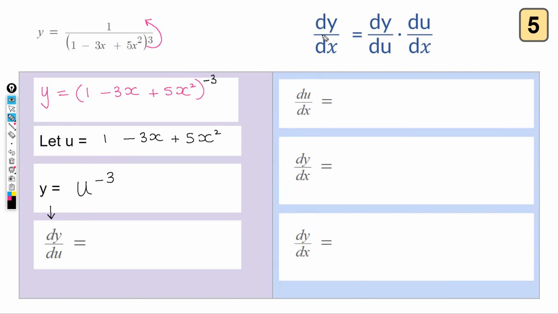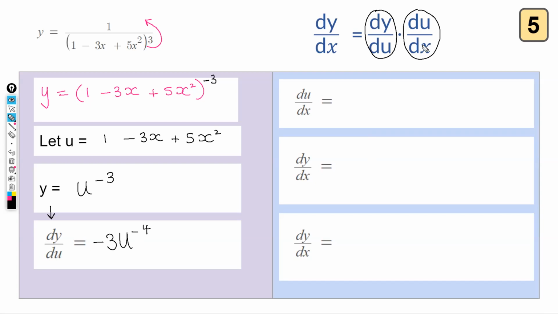Remember, to find dy dx, we need to find the expression for dy du and then multiply it by du dx. So I'm handling this one first. When I differentiate this expression, the minus 3 goes in front and we minus 1 from the power. So that's the expression for dy du.